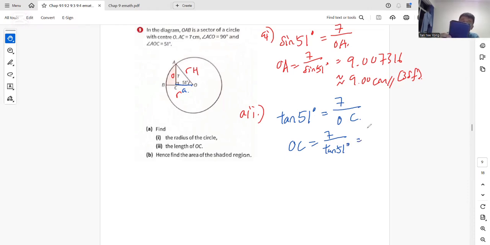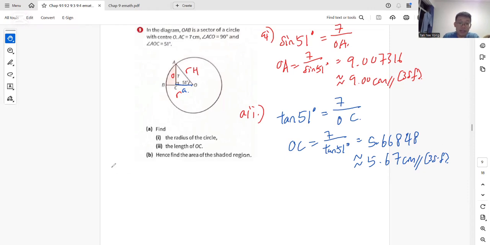This will be 5.668, so 5.67 cm to 3 significant figures. I'm scared I write the wrong number. Okay, so this is it for part 2.